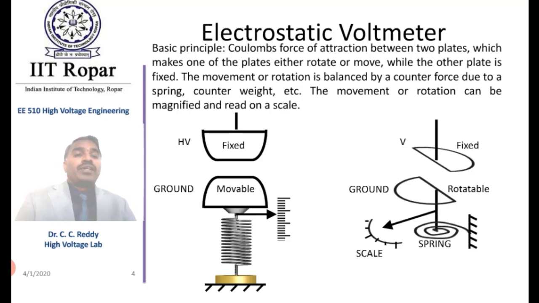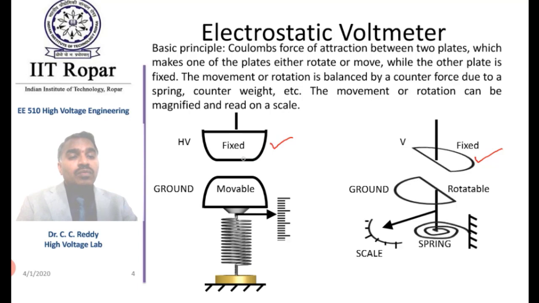The basic principle of the electrostatic voltmeter is given here. You can see two examples are also given. Coulomb's force of attraction acts between a fixed plate, in this case this is the fixed plate, and in this case this is the fixed plate.